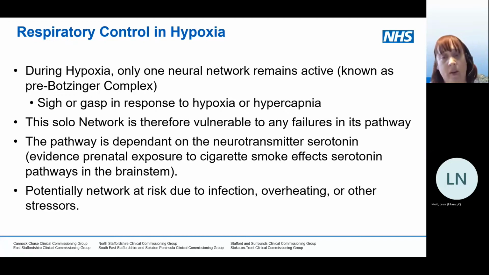So that obviously shows how smoking during pregnancy or exposure to cigarette smoke during pregnancy can reduce the serotonin levels and make that baby more vulnerable. Potentially also this network is at risk due to infection, overheating, or other stressors.